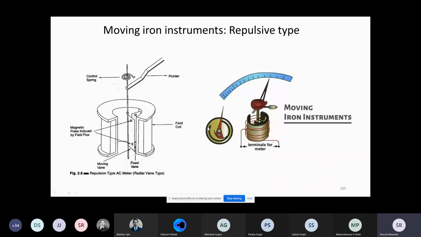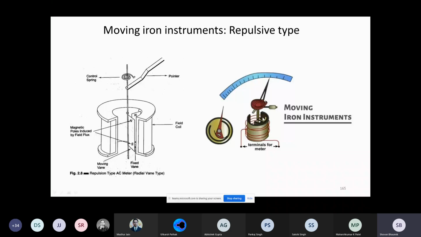So you see that there is one circle, which is the fixed vane, and there is another circle which is a moving vane. Gap you don't mind, I will tell how the gap will be. And now you see there is a fixed vane, there is a moving vane, and there are wires wound on the two vanes, and there are springs on the spindle, and the moving vane is attached with the spindle.